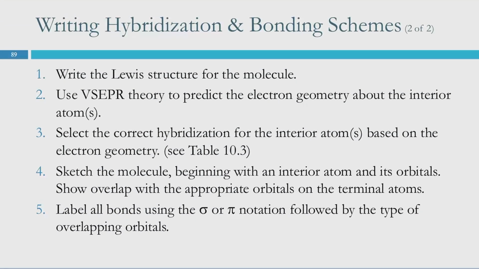So our first step, we want a Lewis structure. So we have to be able to do a Lewis structure. We can use our valence shell electron pair repulsion theory to predict electron geometry around the interior atom based on the number of electron groups.